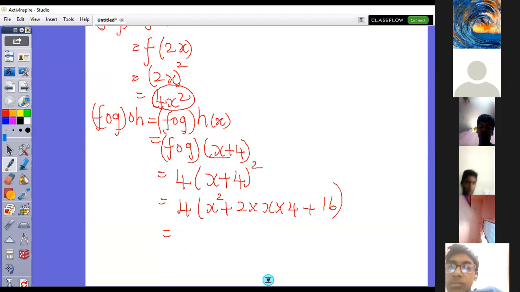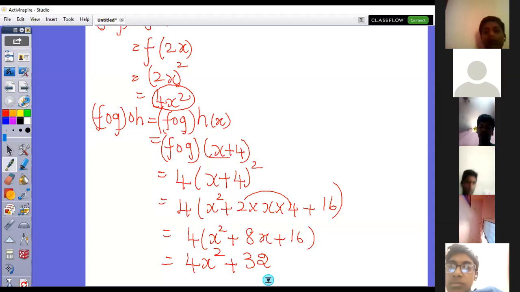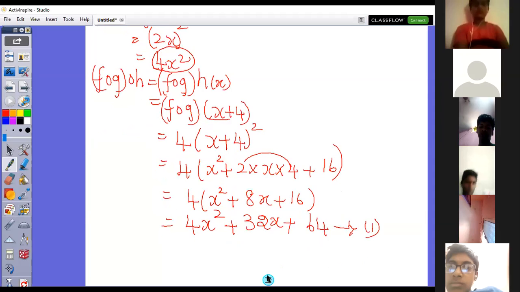Then 4 into x square plus 4 2s are 8x plus 16. Then multiply 4 into all the terms. So 4x square, 8 4s are 32x, plus 16 fours are 64. This is the first equation.